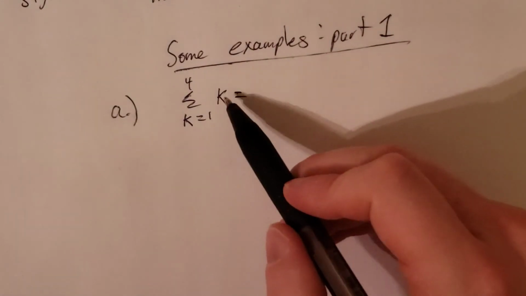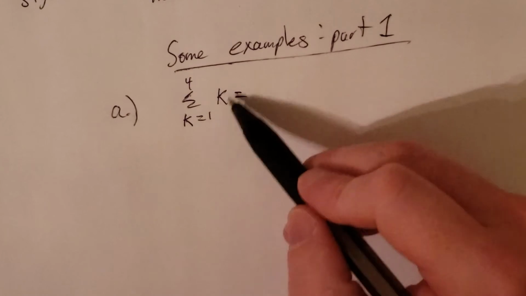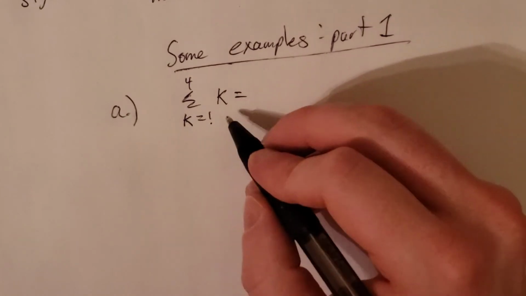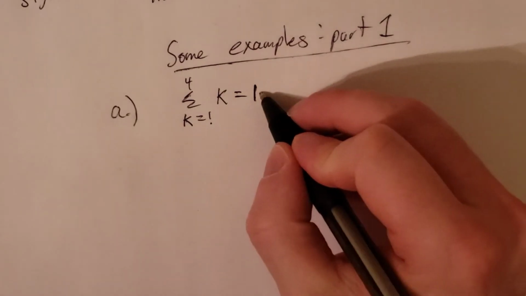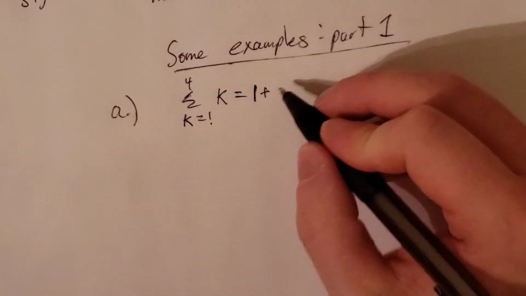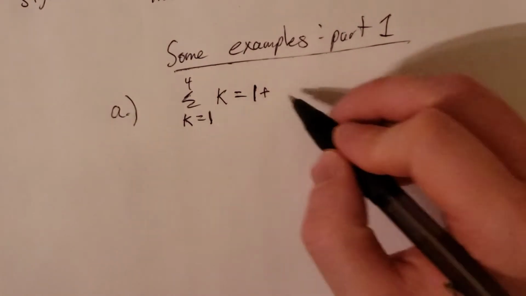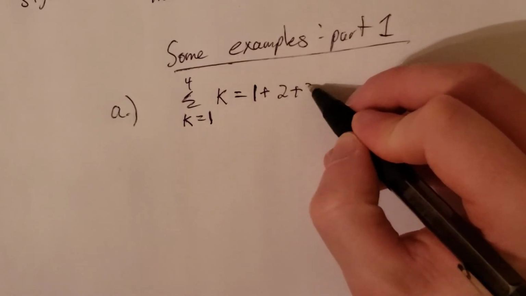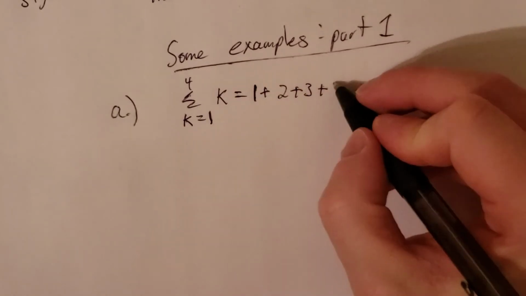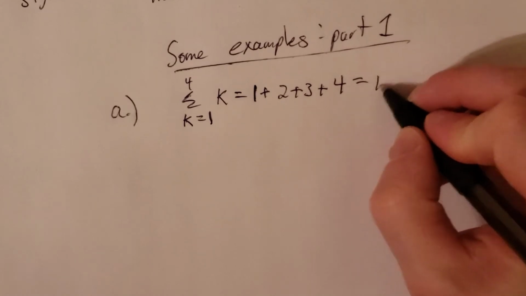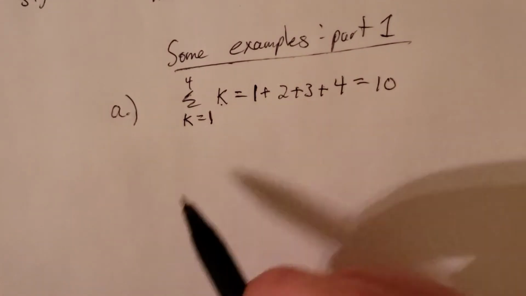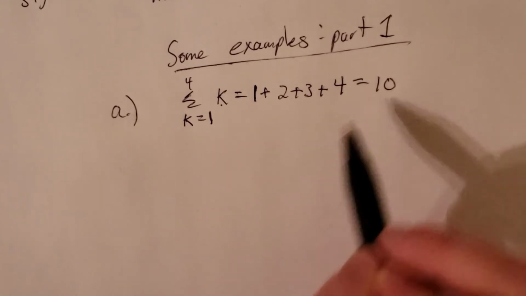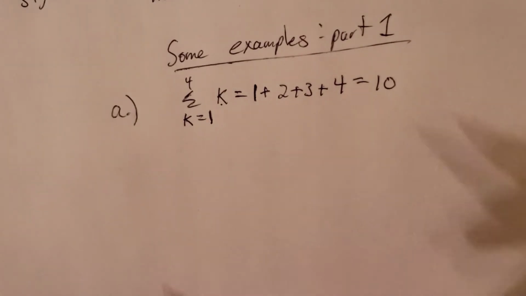Well, we replace every k in this formula with our index. So we have k equals 1 for the first one, and then we add the next one. We just run through our indices. We add 1, then 2, then 3, and then all the way up until 4. So this just means the sum of the first 4 integers, which is 10.